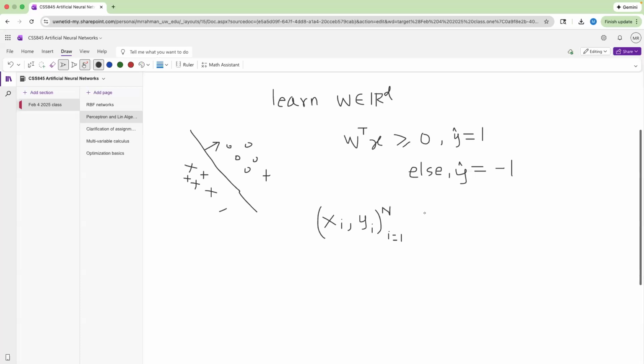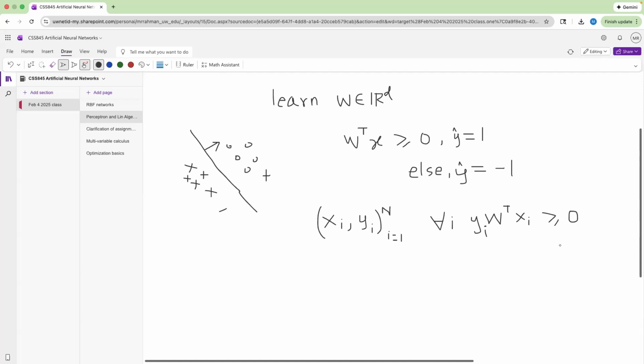Our goal is to find a weight vector w such that for all of these images in our training data set, the dot product, which is a scalar, multiplied by the corresponding label yi, should always be positive.